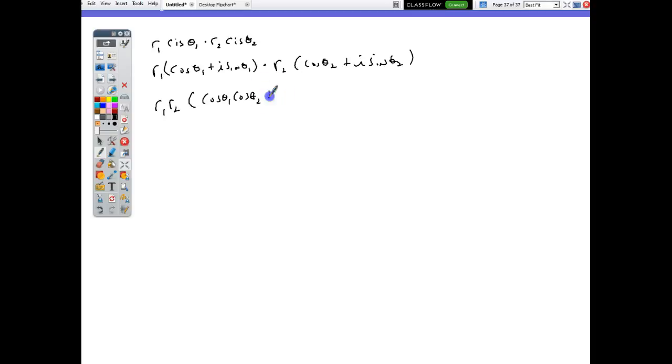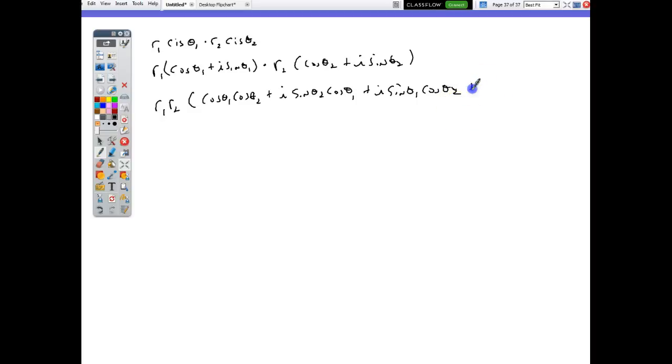Outers: plus i sine theta 2 times cosine theta 1. I'm multiplying this times this, then this times this. Inners: plus i sine theta 1 cosine theta 2, agreed?